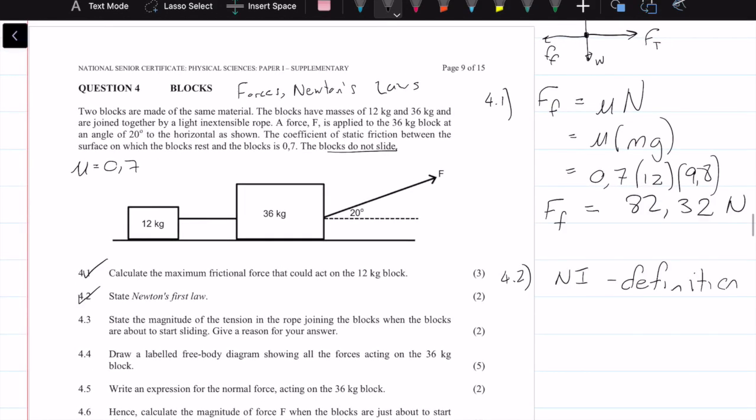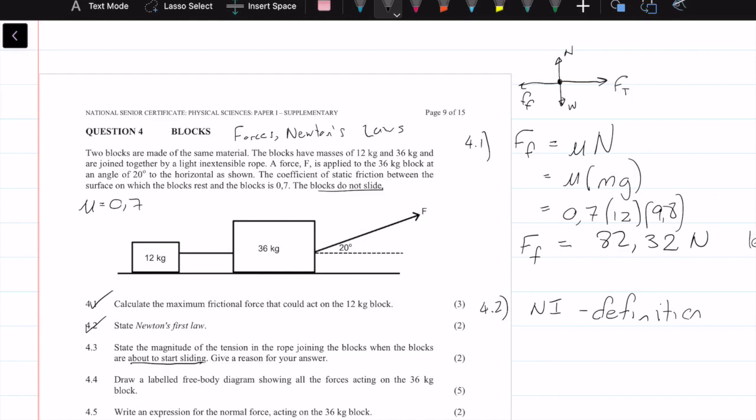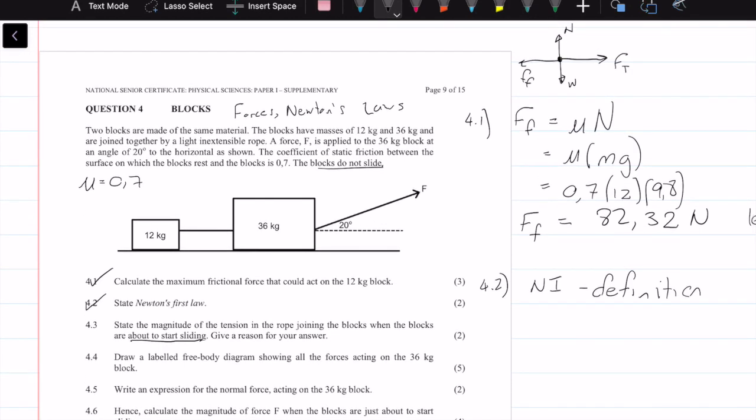Question 4.3: state the magnitude of the tension in the rope joining the blocks when the blocks are about to start sliding. Give a reason for your answer. When the force tension is equal to the force friction, the blocks will start moving, because if we look at our free body diagram, if the force tension is greater than the force friction, then the block will move to the right.